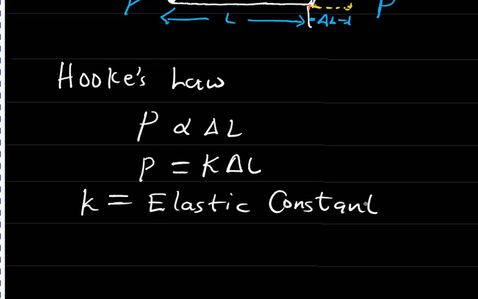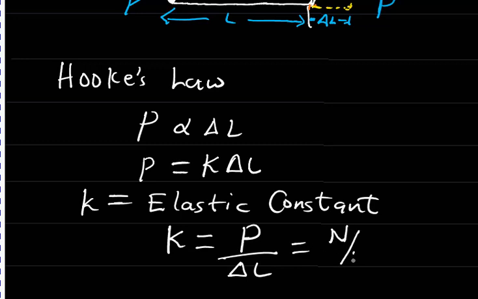As we progress, you will discover that this K will have different definitions, but from this simple Hooke's law, if I make K the subject of the formula, K is equal to the pulling force divided by delta L. Force is measured in Newton, and change in length is measured in meter, so the elastic constant here is Newton per meter.